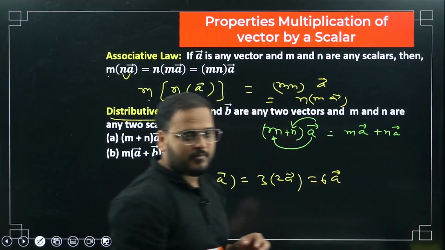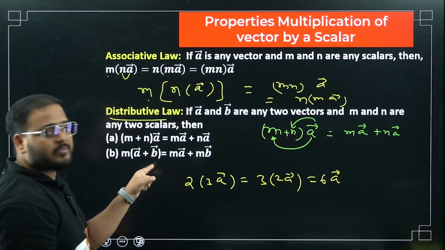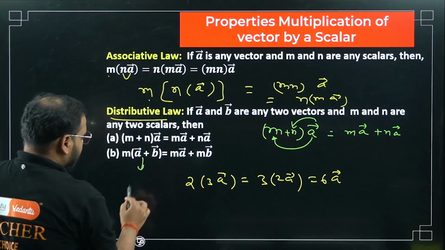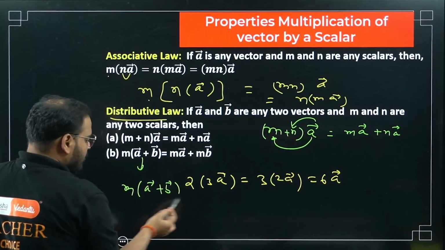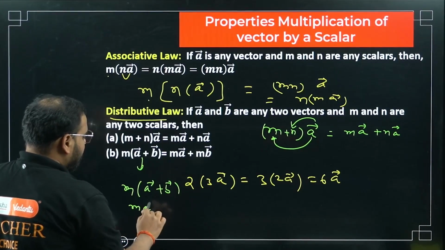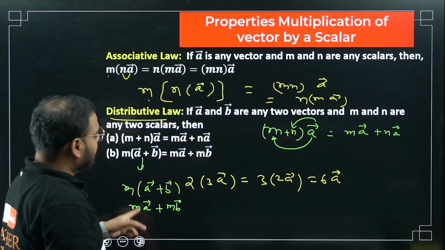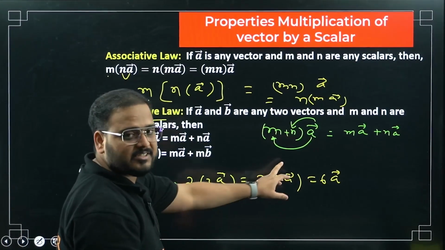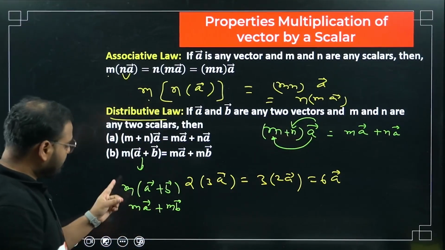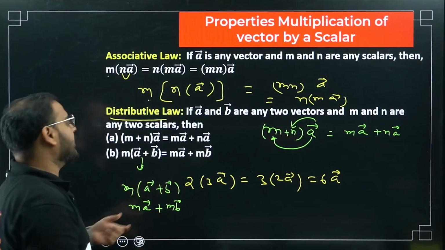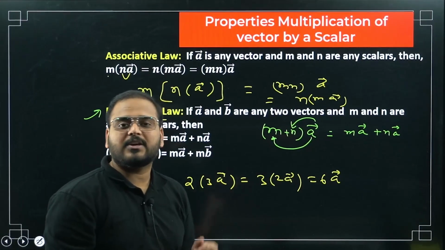Now in the second one, we are distributing the scalar over the vectors. You can see m times vector a plus b is there. I can distribute this over the vectors: m vector a plus m vector b. First case, the vector is distributed over scalars. In this case, the scalar is distributed over the vectors. Both are valid. So the distributive property also holds true for scalar multiplication of vectors.